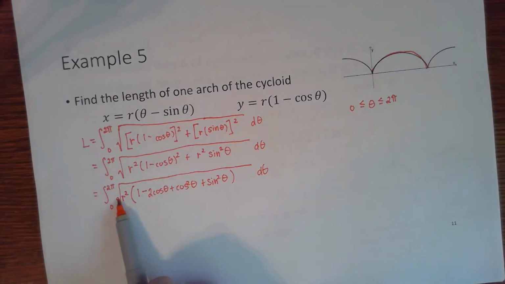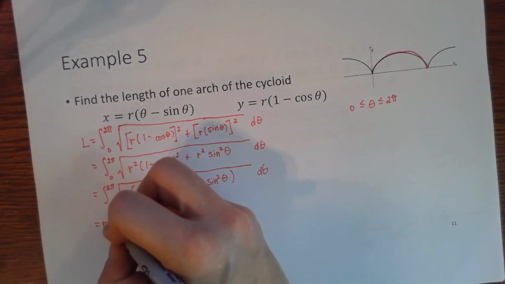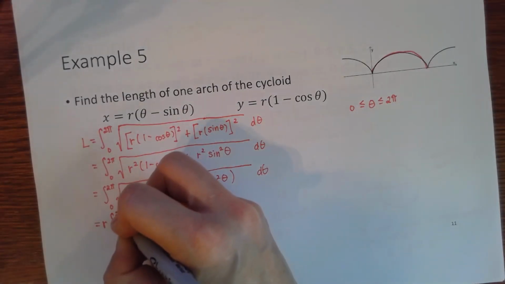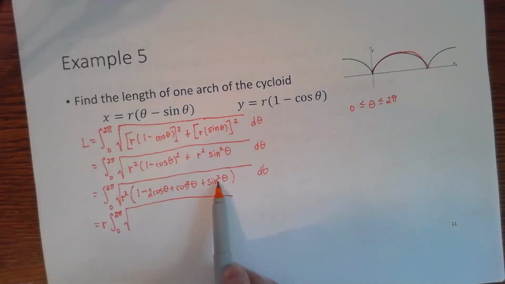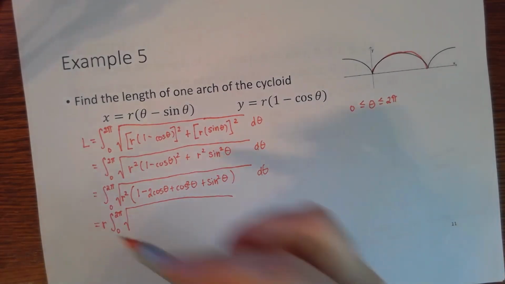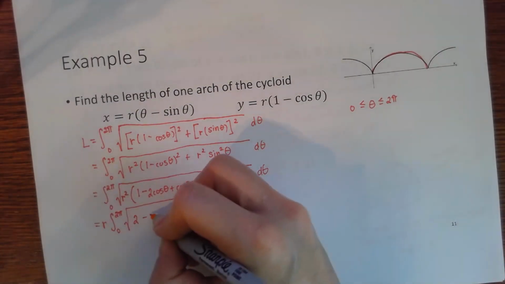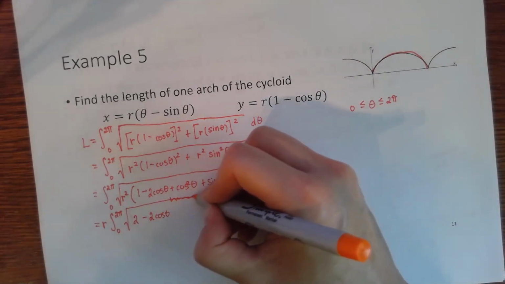I know what the square root of r squared is. I can bring the r out, and since it's a constant, I'll take it outside of the integral. And then sine squared plus cosine squared is 1, so I have 1 plus 1 is 2. Oh, I made this too long.